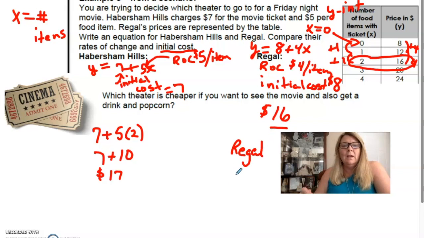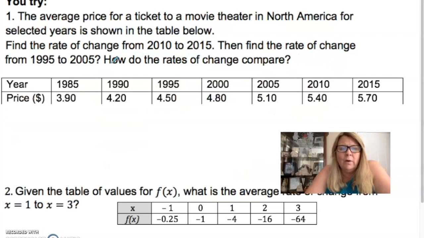All right, I think you have 2 for you to try. We've got one here where you've got a table. Be careful as you work through your table and make sure that you're paying attention. It's going to ask you to find the rate of change from 2010 to 2015, and then from 1995 to 2005.